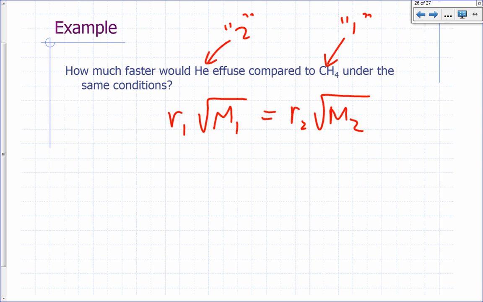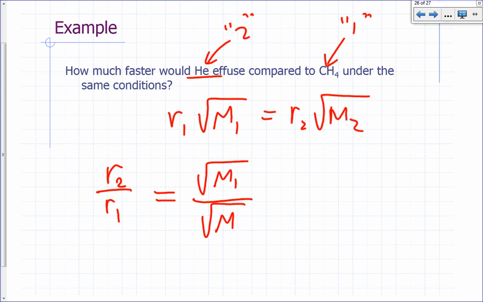So if you want to compare, we're going to say R2 over R1, the rate of helium over the rate of methane. Of course, we know helium is going to effuse faster, right? Because it's lighter. So that's going to be equal to R2 over R1 is square root of M1 over square root of M2. So that's square root of M1 over M2.